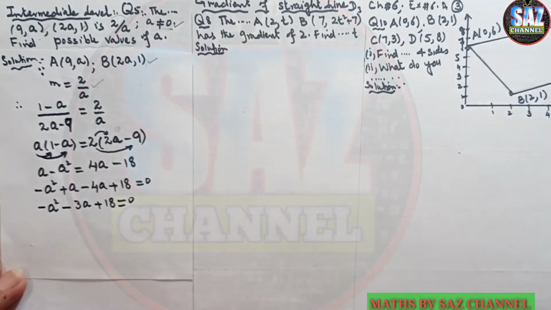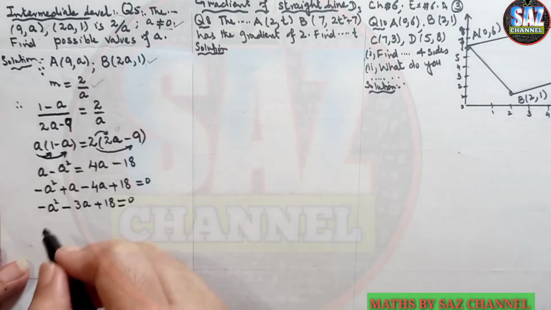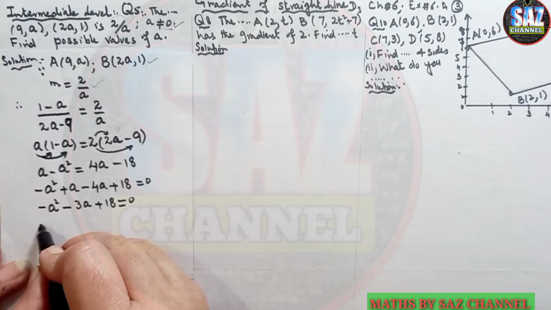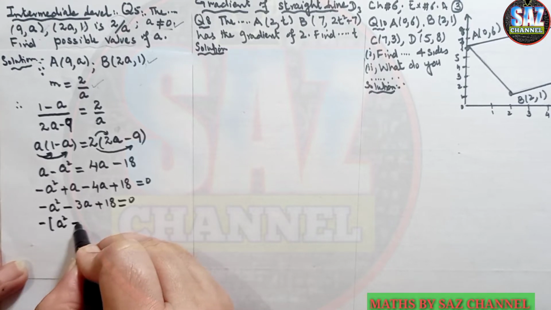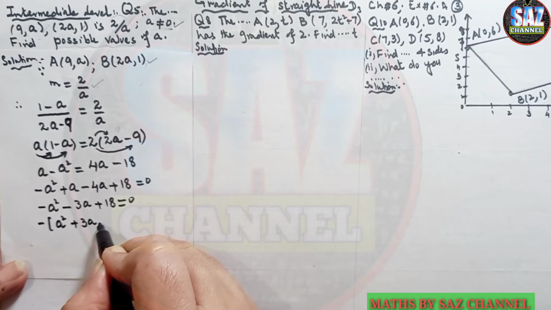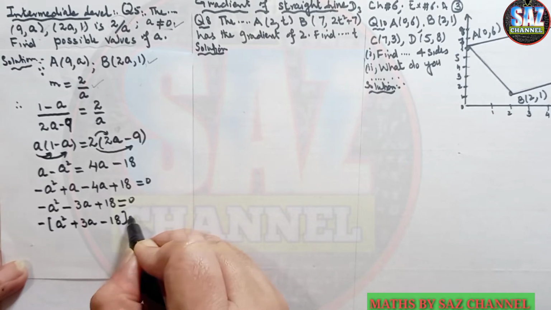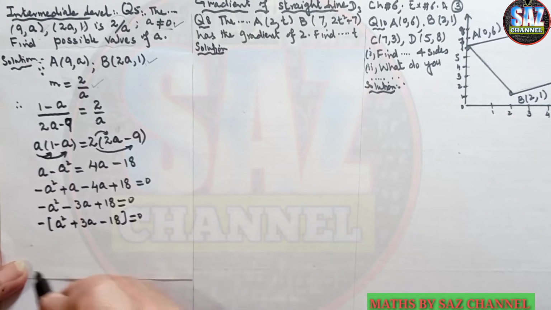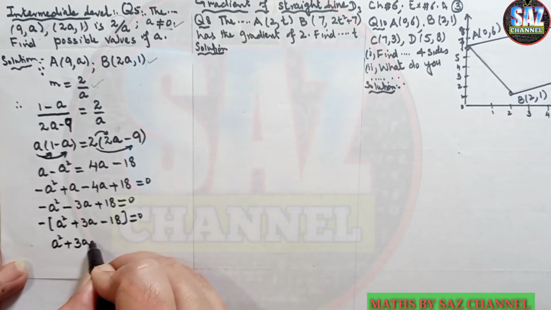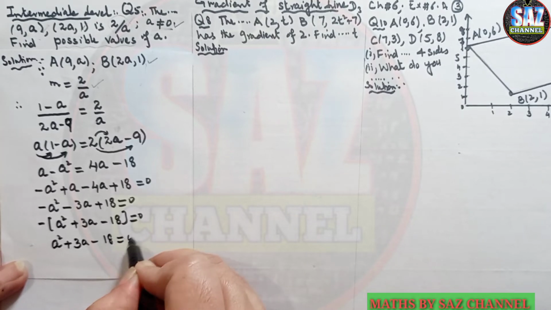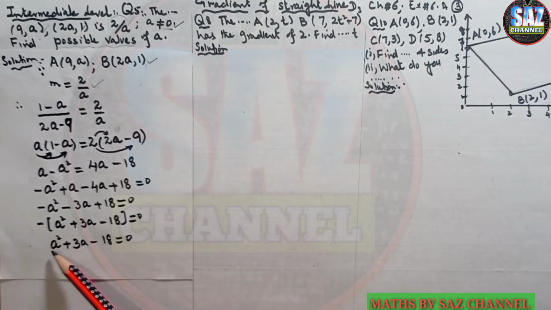Now what I have to do is make the coefficient of the square term positive, so I can pull out this minus sign, shift this minus sign to the other side, and the equation will take the form a square plus 3a minus 18 equals 0. Now recall what type of equation we are getting here.